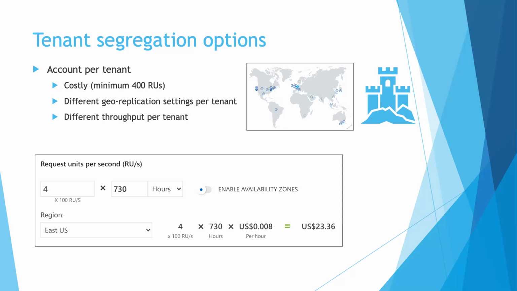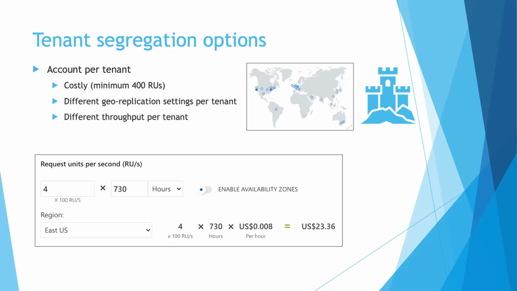Also, a unique advantage of this option is that you can configure your geo-replication settings per tenant. So for example, if data isn't allowed to be replicated to a certain region for particular tenants, then you've got that flexibility to not replicate it there. Or conversely, if you want the flexibility to replicate data to several different regions and several tenants have that requirement, then you can co-locate them in an account.